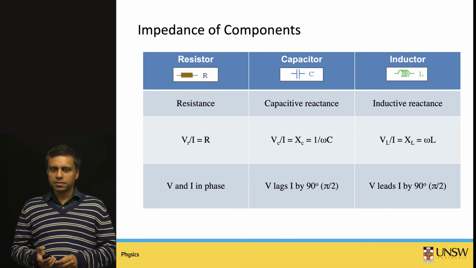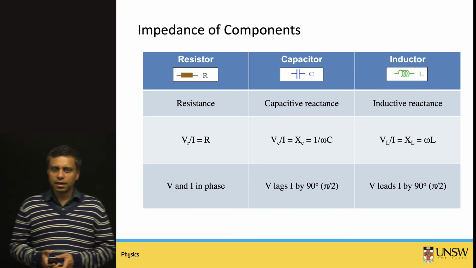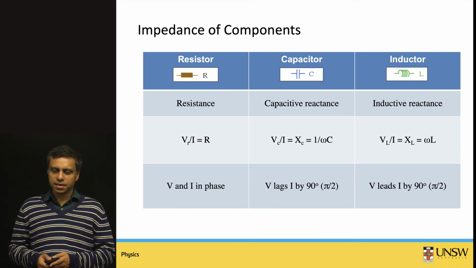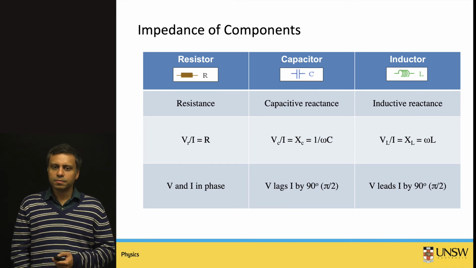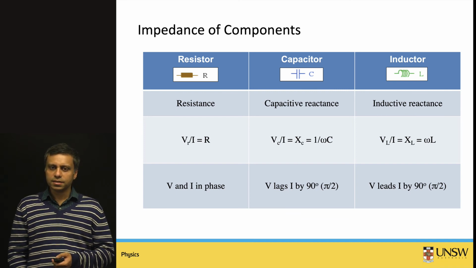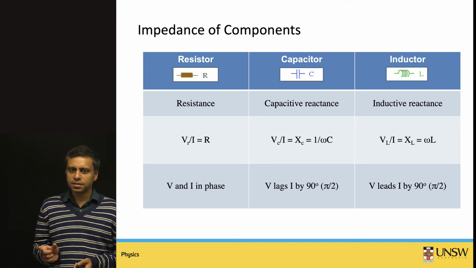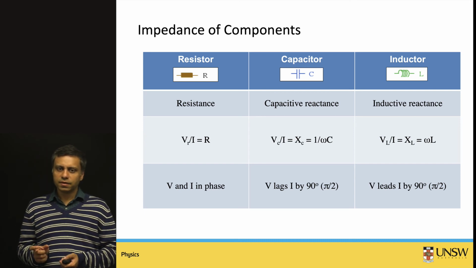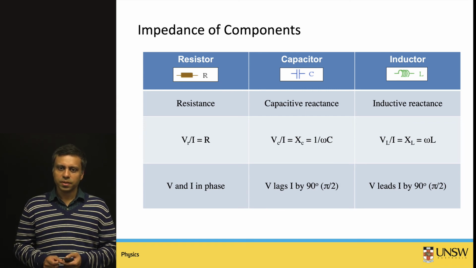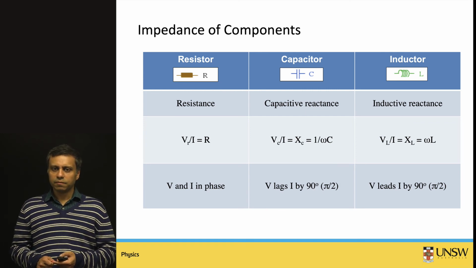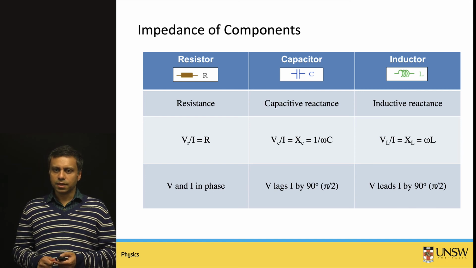For the capacitor, the voltage lags current by 90 degrees. In the case of the capacitor, we talk about the reactance, and V over I, the voltage drop across the capacitance divided by the current, is given as 1 over omega C. C is the capacitance and omega is the angular frequency of the current.